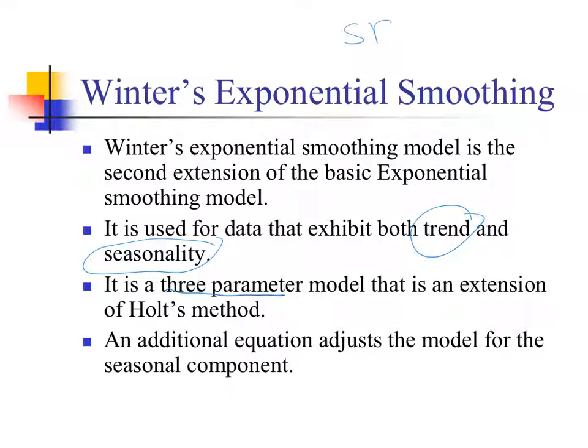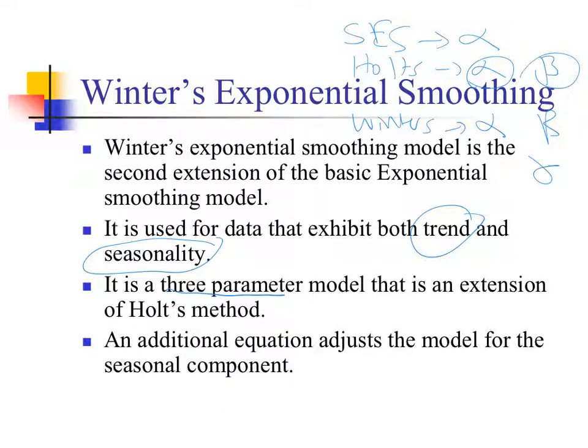With simple exponential smoothing, we have only alpha, the smoothing constant. With Holt's, we have alpha and beta, one for level, one for trend. And with Winter's, we have alpha, beta, and gamma. Alpha is the smoothing constant for level, beta is for trend, and gamma is for seasonality.